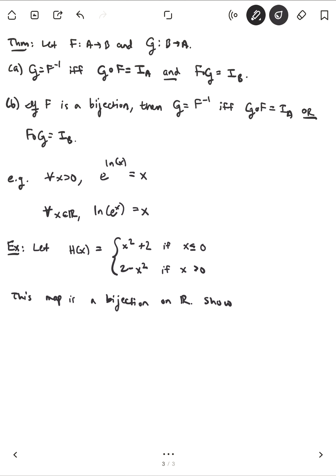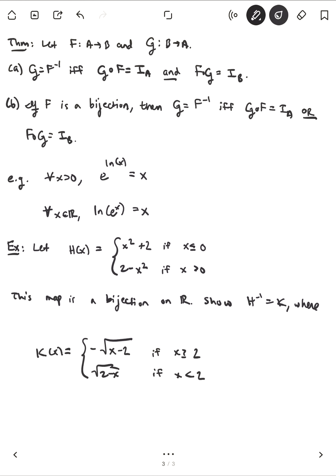Show the inverse of that function equals k, where k of x equals the negative square root of x minus 2 if x is bigger than or equal to 2, and the square root of 2 minus x if x is less than 2.